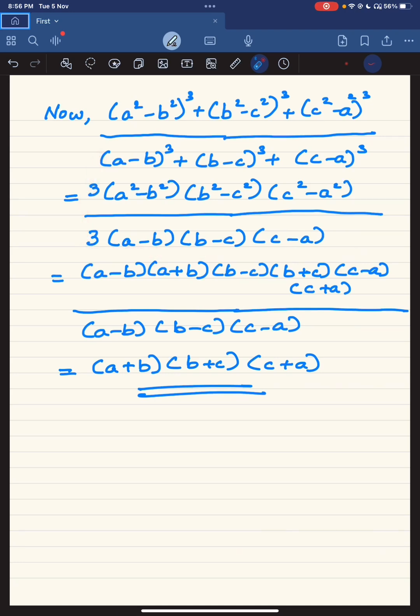Then here this 3 and 3 will cancel. Then what will be the remaining? (a square minus b square) into (b square minus c square) into (c square minus a square) whole divided by (a minus b) into (b minus c) into (c minus a).